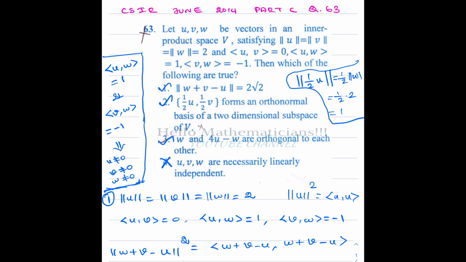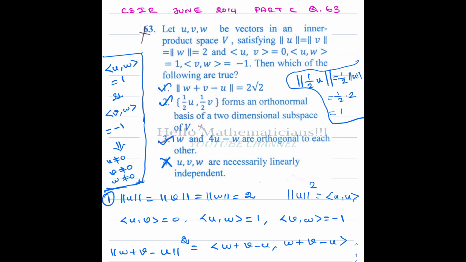So if u and v are perpendicular to each other, then 1/2 u and 1/2 v also have inner product 0. Therefore this vector and this vector have inner product 0, and each of them has norm 1.